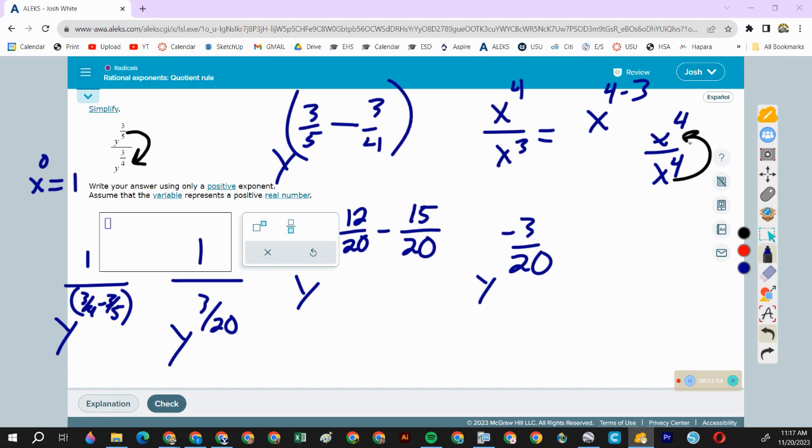Well, I just bring this up, and I get x to the 4 minus 4, which is x to the 0, right? But what is this if I simplify? It's the number 1. So that's why any number raised to the 0 is 1. Unless you do 0 raised to the 0, then you run into problems.